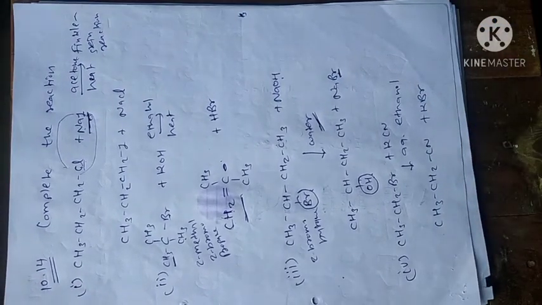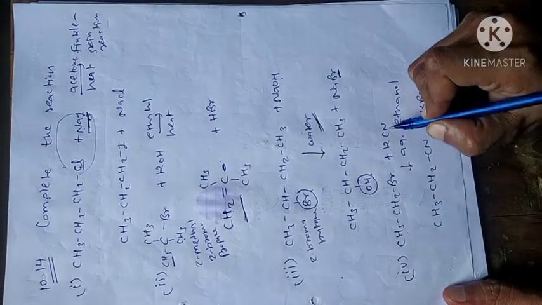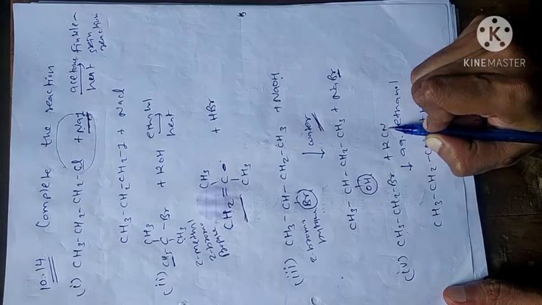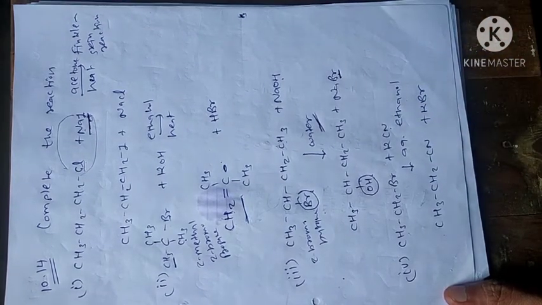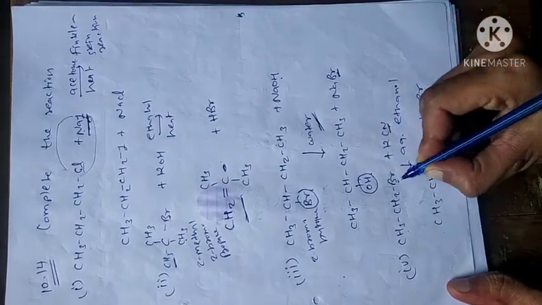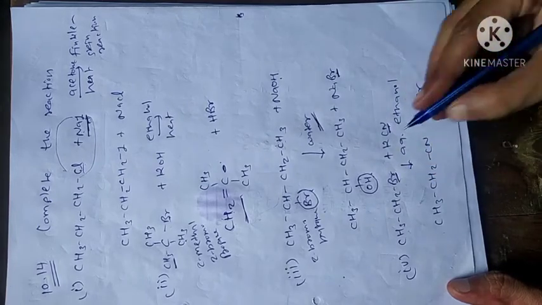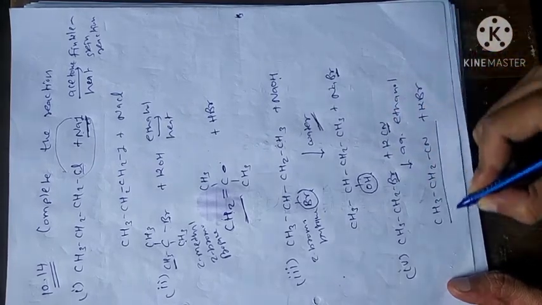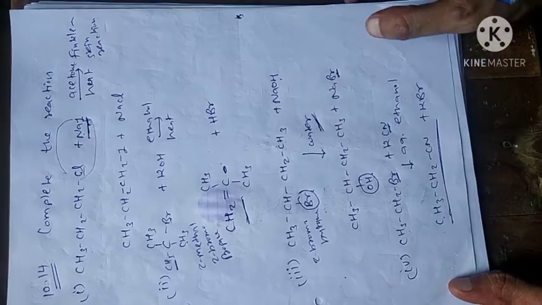Number 4. CH3CH2Br plus KCN, potassium cyanide, in presence of aqueous ethanol. What will it give? Just exchange these two, Br and cyanide, exchange them. So new product will be CH3CH2CN plus KBr.